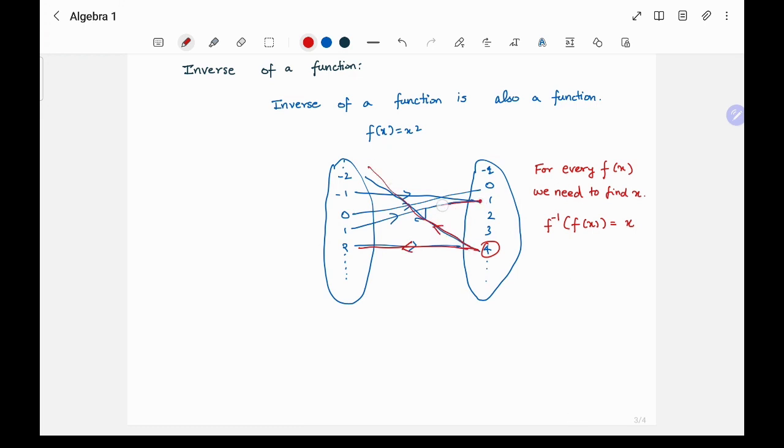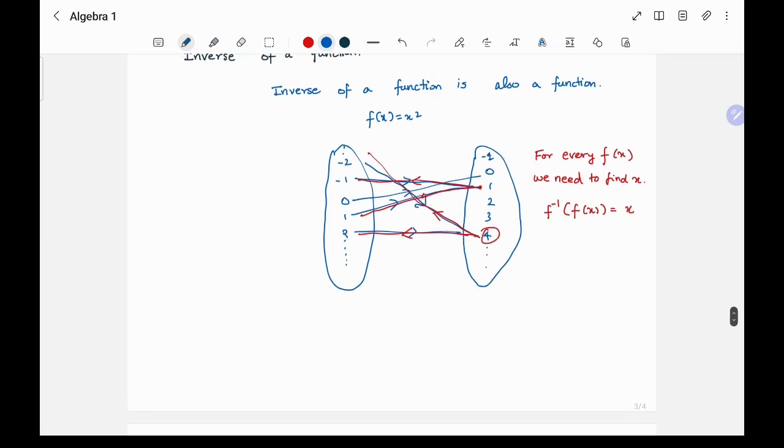And again for 1 you have 1 and minus 1. So this cannot have an inverse, because it does not satisfy the function's definition. So f of x equal to x square does not have an inverse.